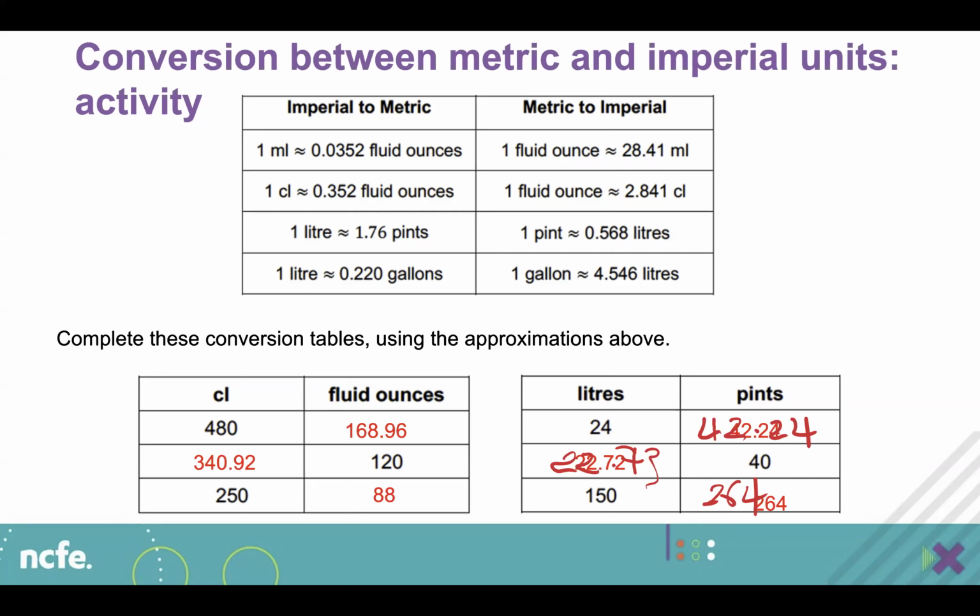Again, if we take this away, this is rounding it down, I've rounded it up. The answer.